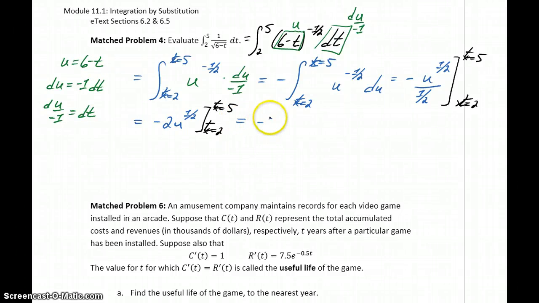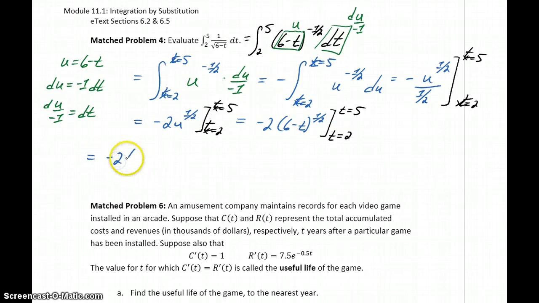So now we want to replace u with this original expression that we substituted out. So this would be negative 2 times (6 minus t) to the 1/2. And now we need to evaluate that from t equals 2 to t equals 5.